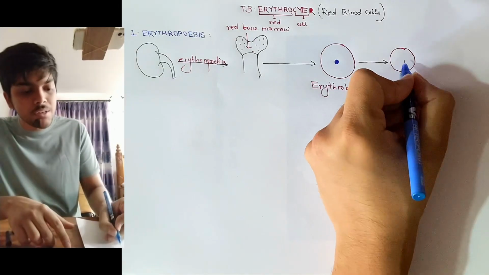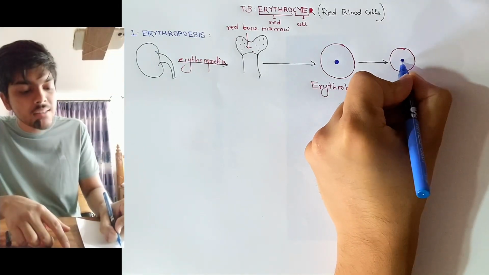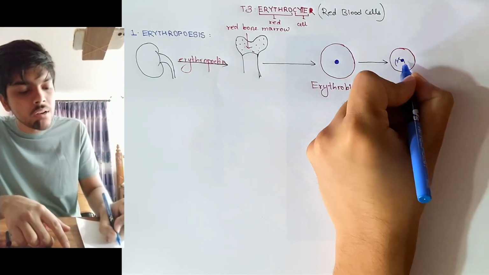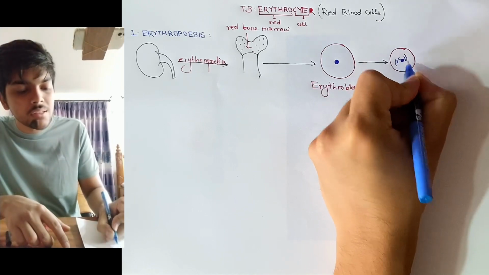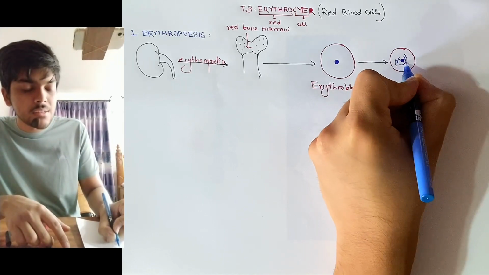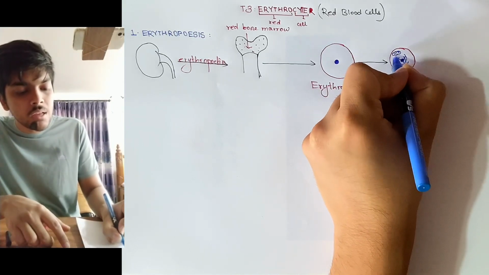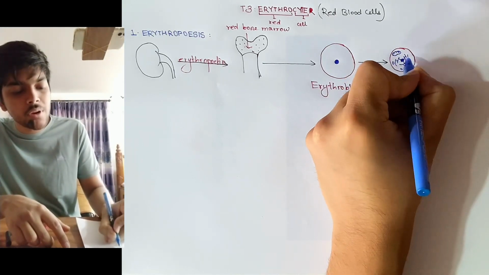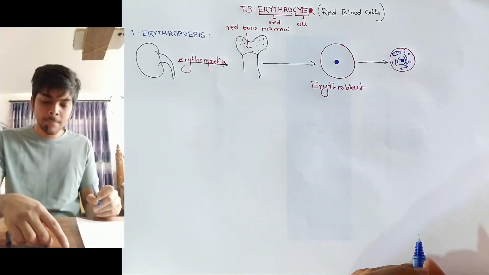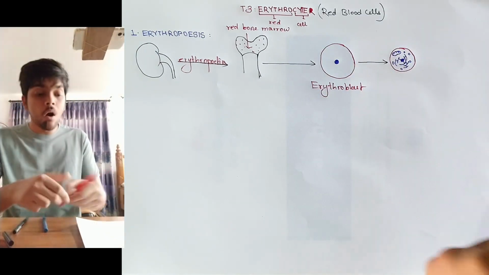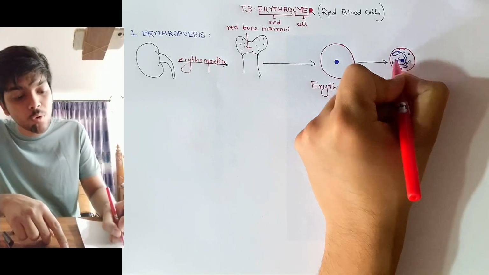The cell has a nucleus in the middle, and then it has all other cell organelles a typical animal cell is supposed to have. That is endoplasmic reticulum, mitochondria, and all other cell organelles that you would expect an animal cell to have. This particular structure also has traces of hemoglobin.